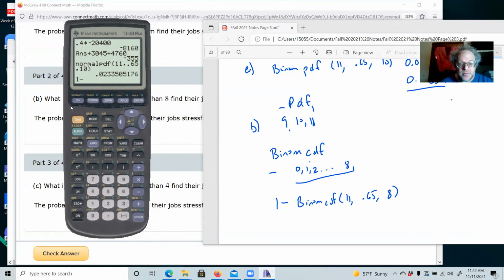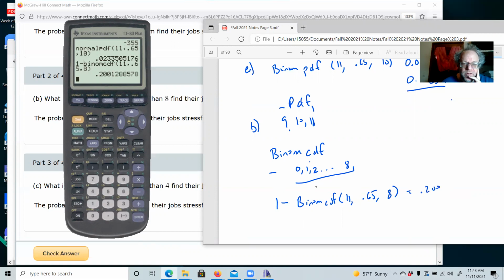So 1 minus, under distributions, binom CDF, 11, 0.65, and up to 8. We end up with about 20%, 0.2001.